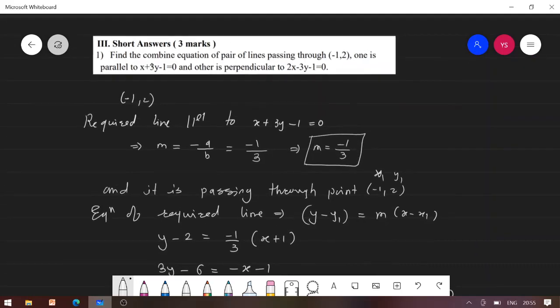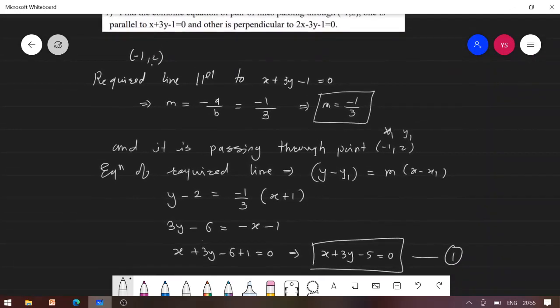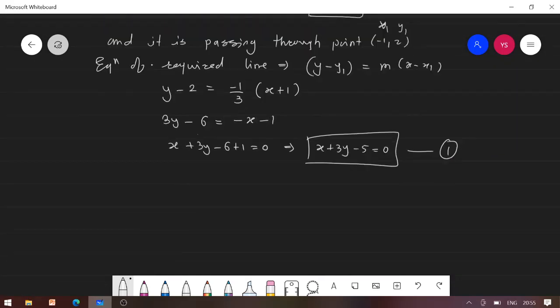Now on the same basis, the required line is perpendicular to 2x - 3y - 1 = 0.